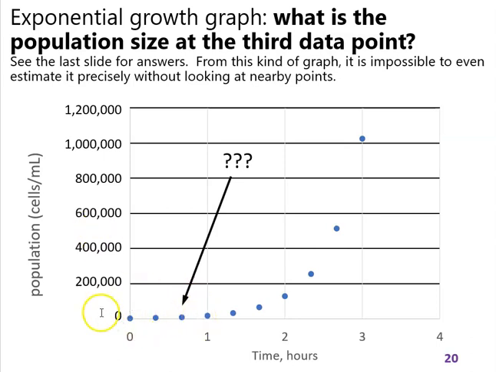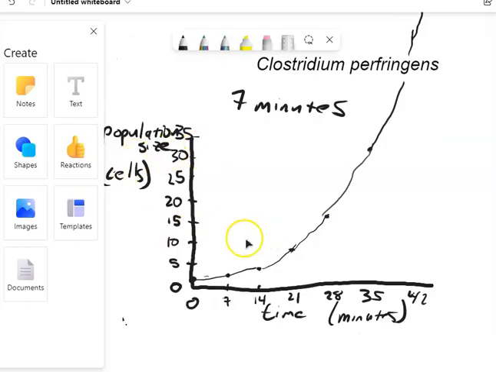So in this graph, it's the same kind of graph with time on this axis and cells in this axis, but here instead of going up by 1 or 2 or 5, we're going up by 200,000. Add another 200,000, we get 400,000. Do it again, 600,000, 800,000, a million, 1,200,000. So this is very similar to this kind of graph. It's just these numbers are much bigger.